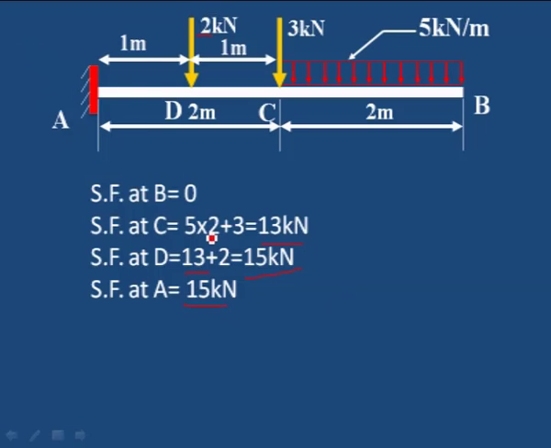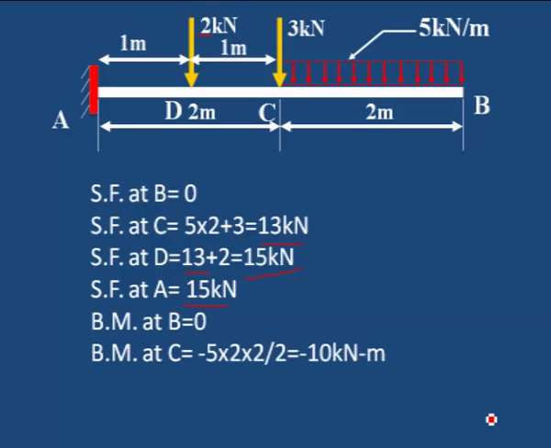That means here the uniformly distributed load is considered, plus we have added 2 kilonewton. Bending moment at B is 0. Bending moment at C, we have to take the moment 5 into 2 into 2 by 2, where 5 into 2 is the load.